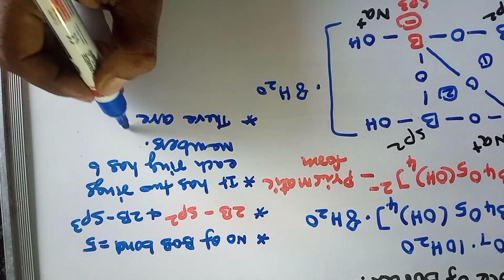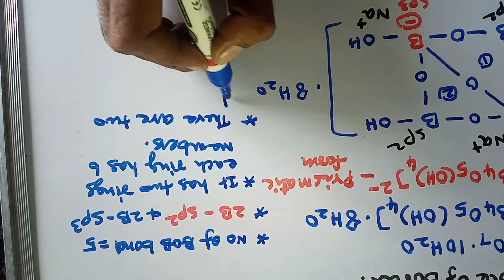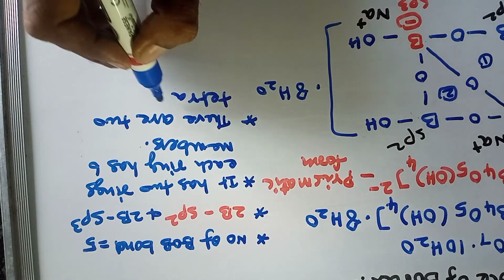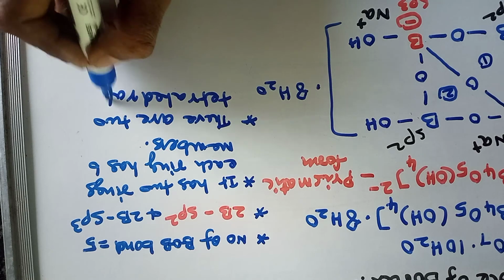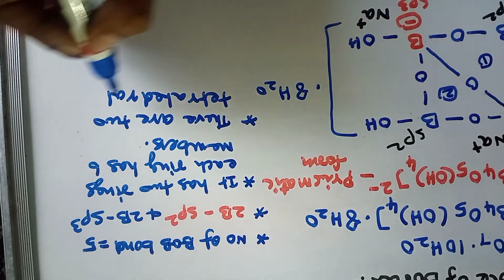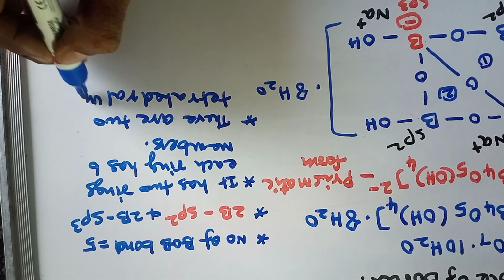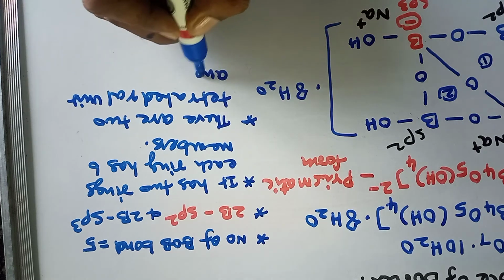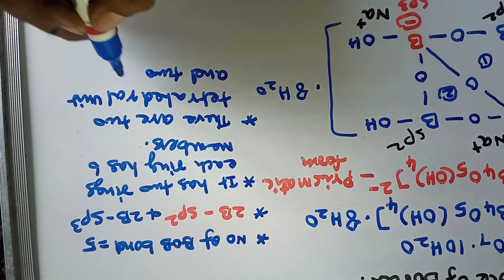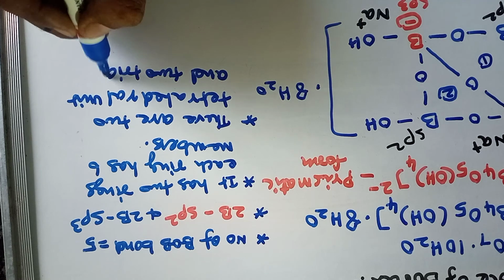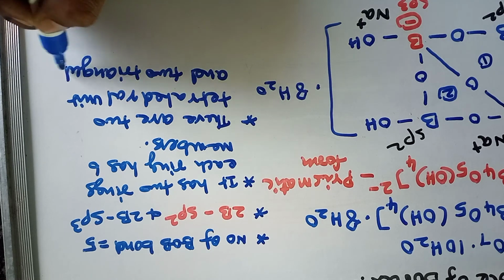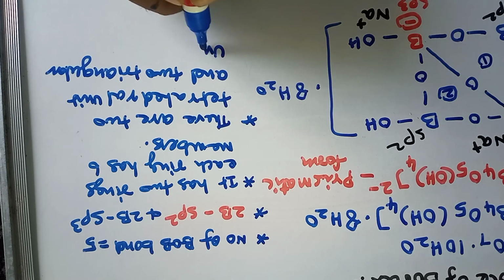There are 2 tetrahedral units and 2 triangular units in borax.